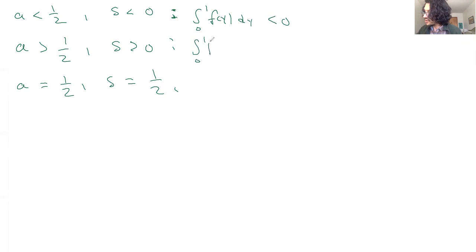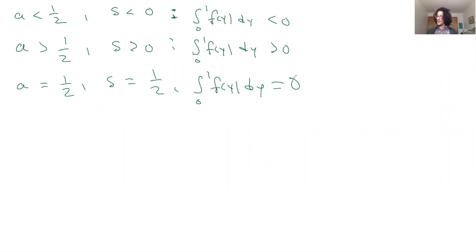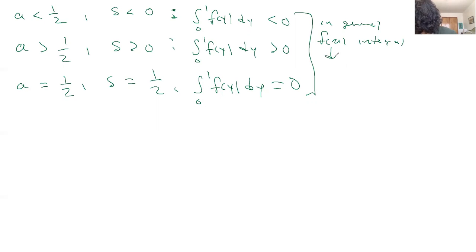In this case, you can show that the integral of f is greater than 0. In this case, you can show that the integral of f is equal to 0. Okay? So in general, f of u's integral determines the wave speed, okay?